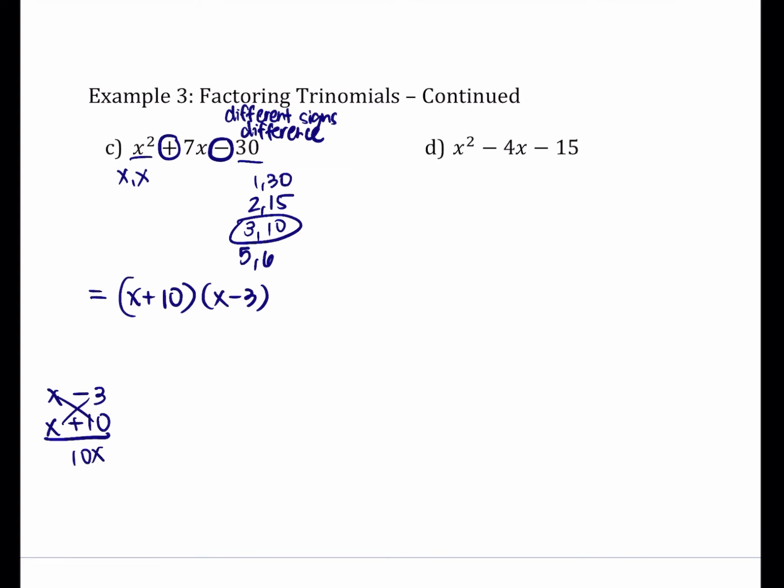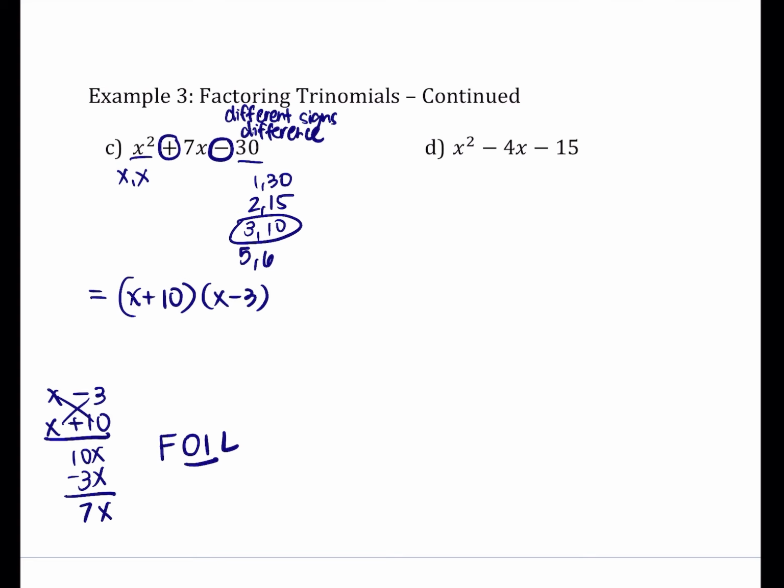We have 10x minus 3x, which gives us 7x. This whole thing basically saves us from having to do the whole FOIL in order to check our answer. It's essentially just the OI of the FOIL, so the outside, inside. These two numbers are basically the two that you combine in the middle of the expression when you're multiplying.